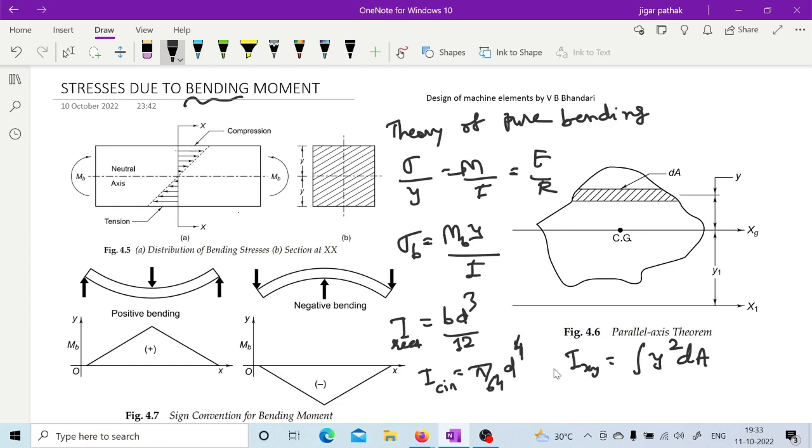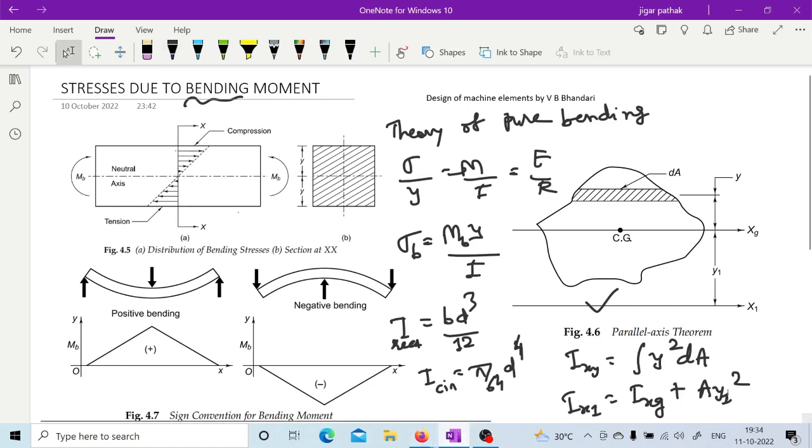And this figure shows the parallel axis theorem, in which you can calculate about any axis parallel to the centroid of the component. If you want to calculate about Ix1, it will be the moment of inertia about its center plus A y1 square. Like that you can calculate about any parallel axis.